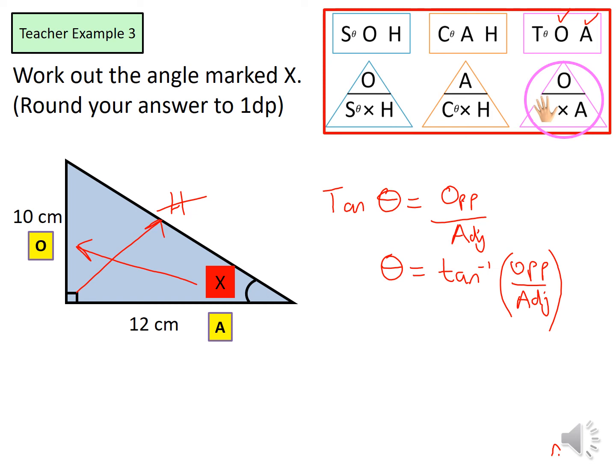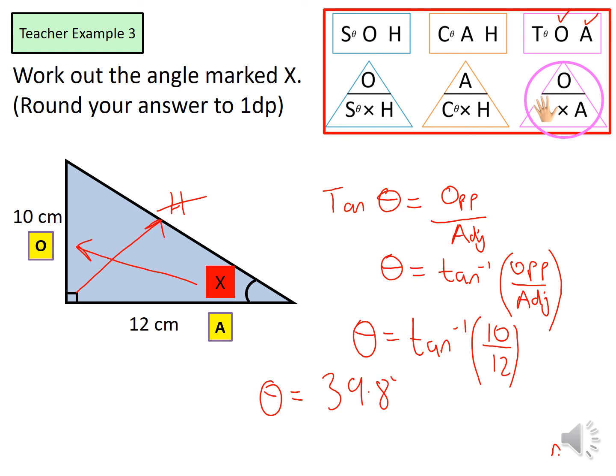Now substitute our values in. So to work out what the angle is, inverse tan, the opposite, 10, divided by my adjacent, 12. Therefore my angle is equal to 39.8 degrees to 1 decimal place.